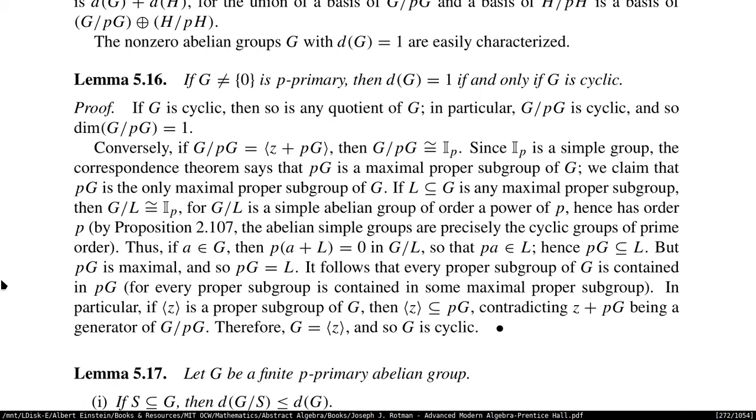Now, if L is any maximal proper subgroup, then G mod L is isomorphic to the integers modulo P, since G mod L is a simple Abelian group.